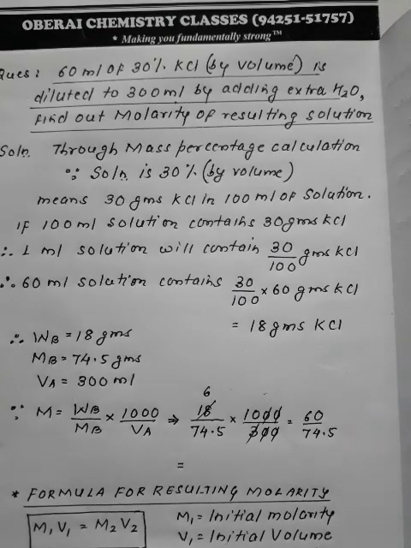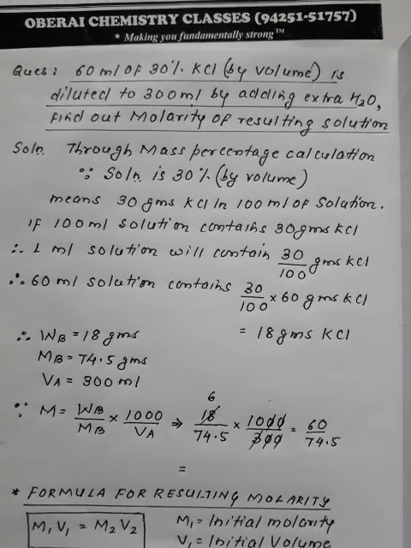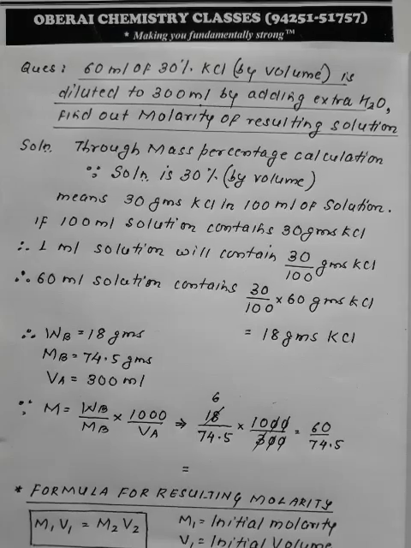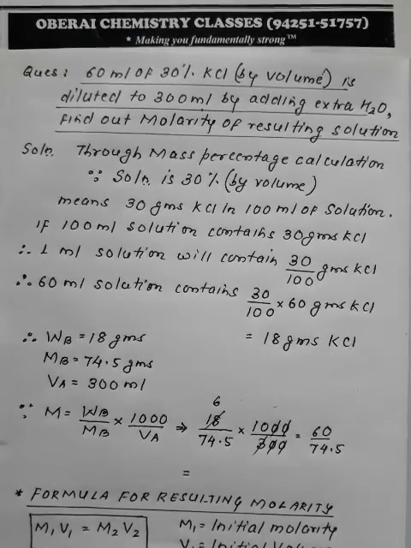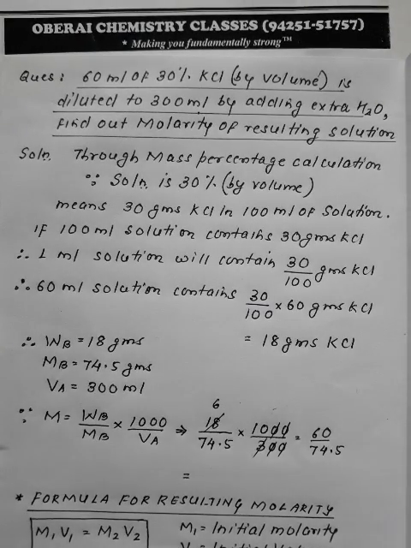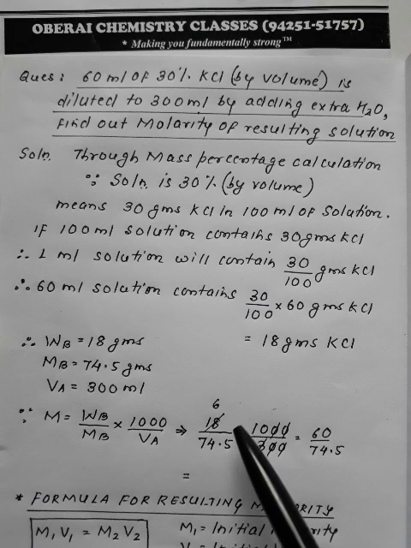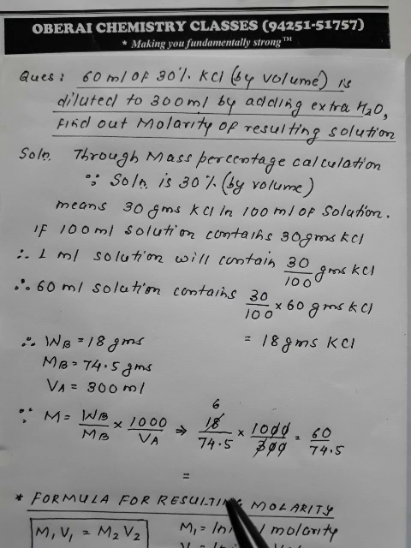Now, what is the molecular weight of the solute? The solute is KCl and its molecular weight is 74.5. So 18 is the weight of solute taken, 74.5 is the molecular weight of solute, and 1000 upon the final volume of the solution, which is 300.